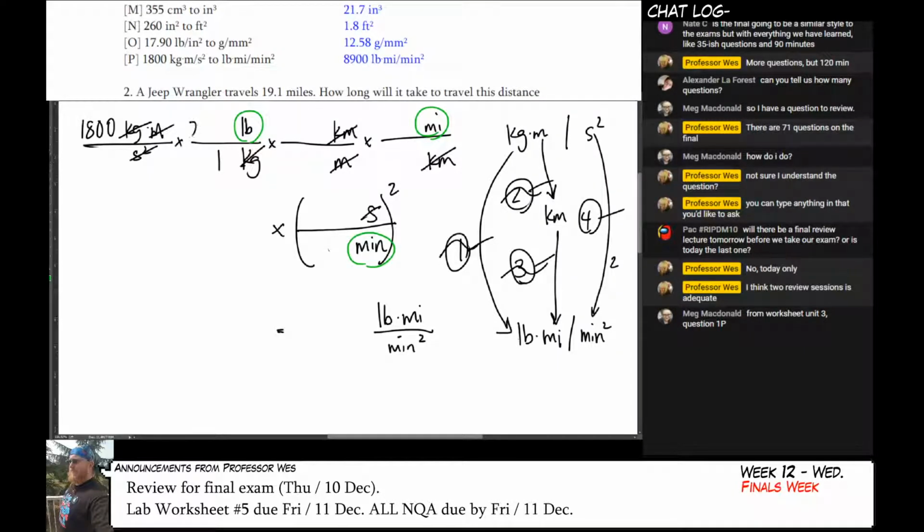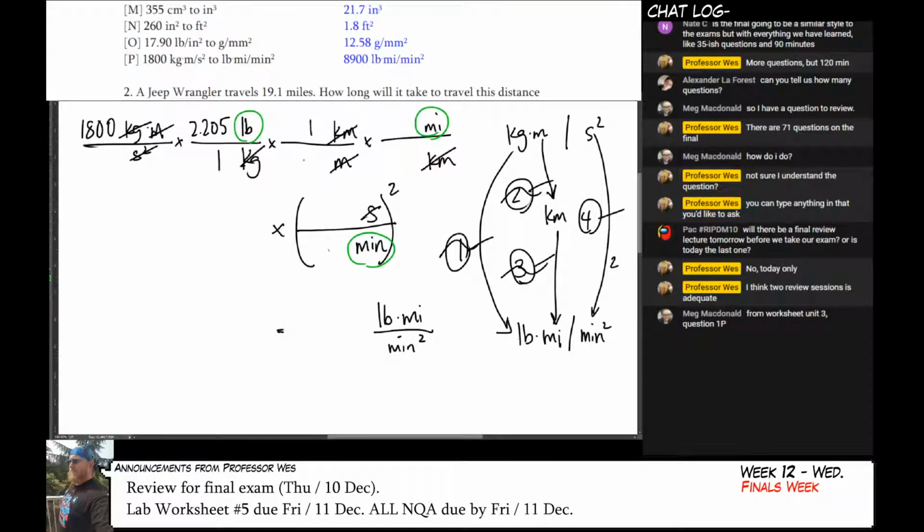So 1 kilogram is 2.204 pounds, I believe. I should probably look that up. I haven't used that number for a while. 1 kilogram, 2 pounds. 2.2046, yeah. So it's actually 2.205.